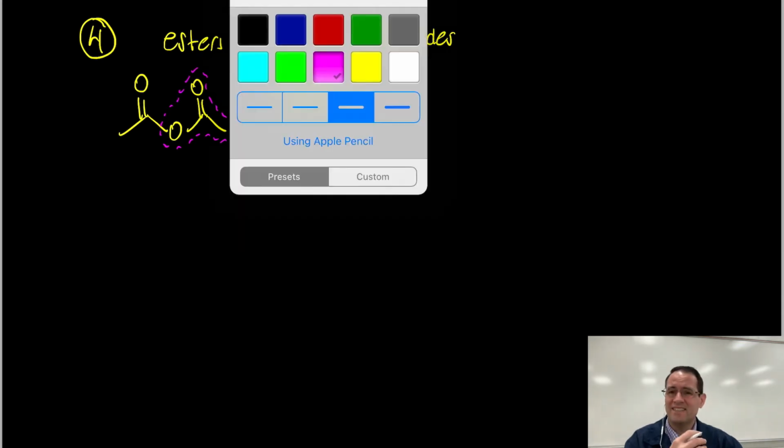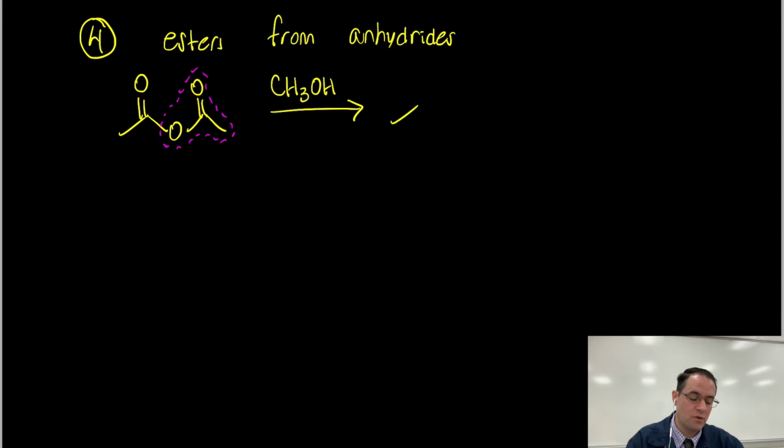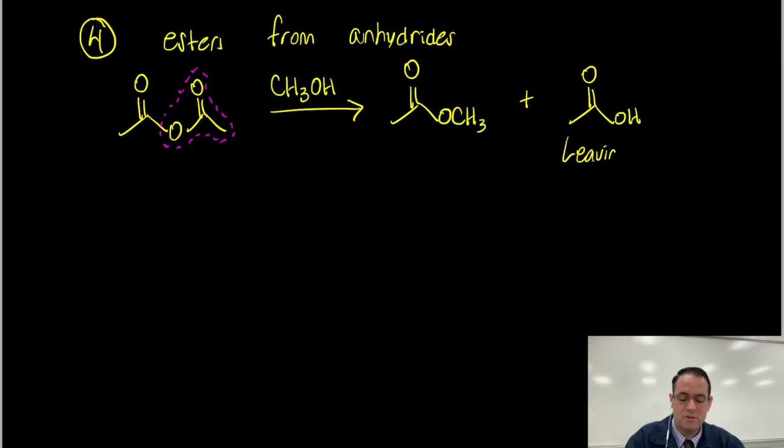So we're going to attach an OCH3 there. So the product we get is OCH3. Now, acetate's the leaving group, and that hooks up with the hydrogen from the methanol, so you form acetic acid, and I'll just draw that over here. And that's what becomes of the leaving group.